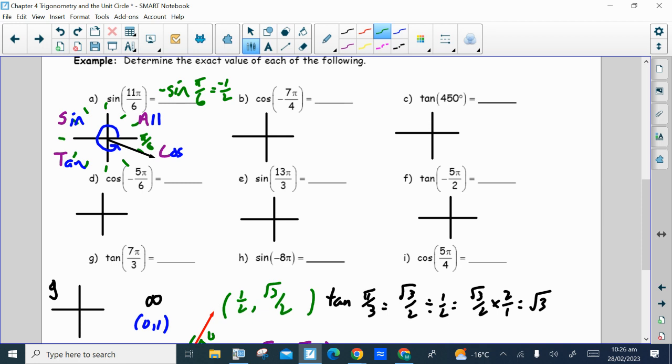Question B. We want to go negative 7 pi on 4s. Remember, negative means you're going in a clockwise direction. And we're going to go clockwise 7 multiples of pi on 4, which is 45 degrees. So if we count, there's our first multiple of 45 degrees going clockwise.